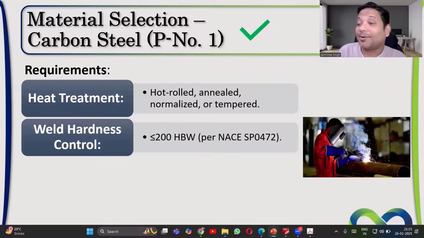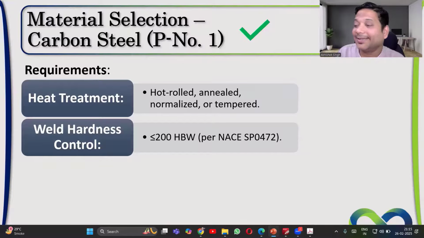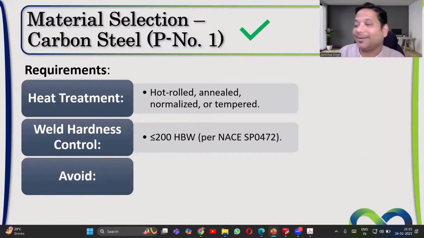So the hardness requirement is further limited in 103. It refers to 1472, another specification for that. So if you are able to qualify the welding procedure after which you get a less hard weld, then you don't have to do post-weld treatment. If you are not able to control the hardness, then you'll end up doing PWHT.